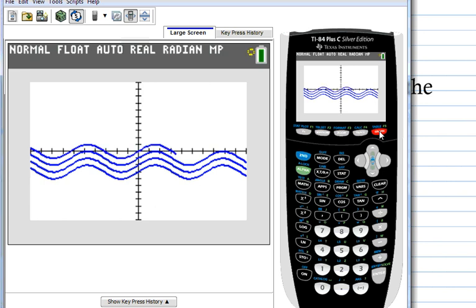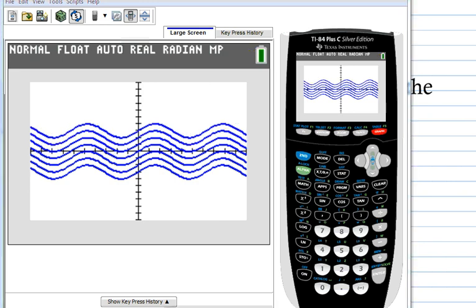See, these are all sine. We've got 4, 5, 2 more to go. All right, so there are my 7. I could have done more, I could have done less. You could make the window a little smaller so it fills it up, but this is a family of functions that will actually have the derivative of cosine x.